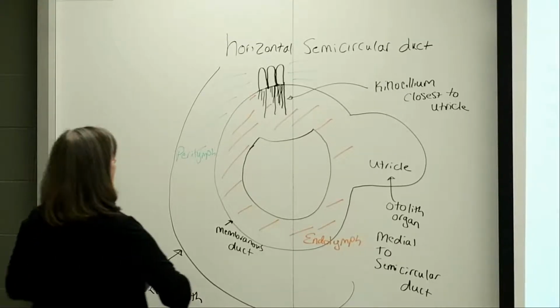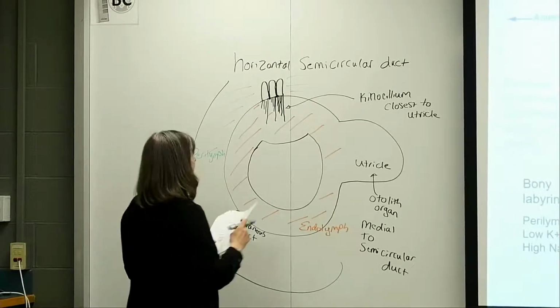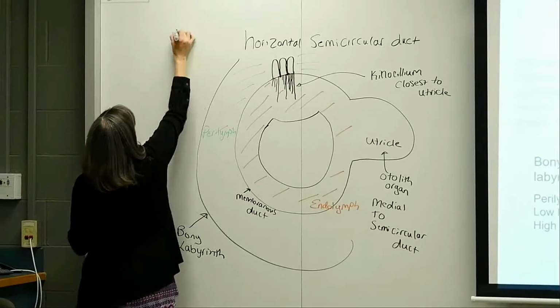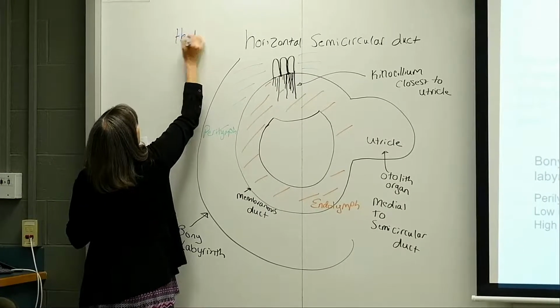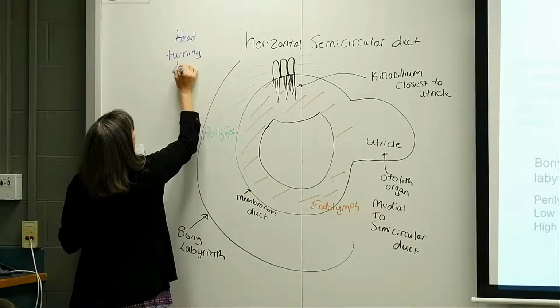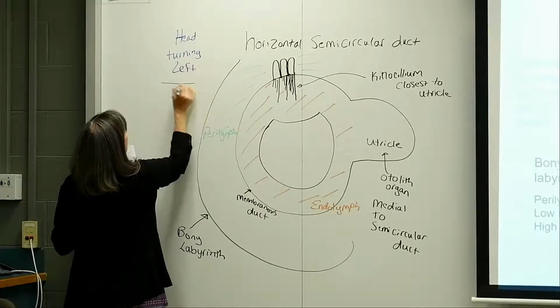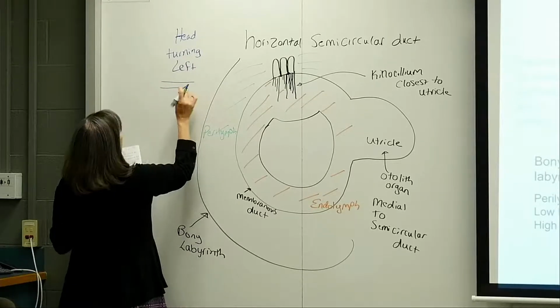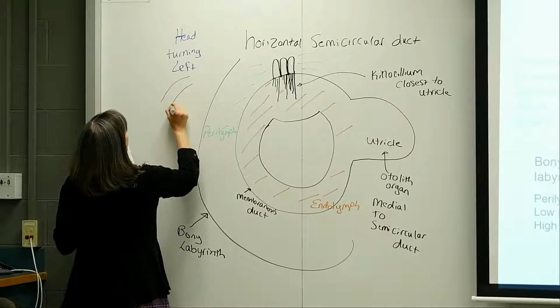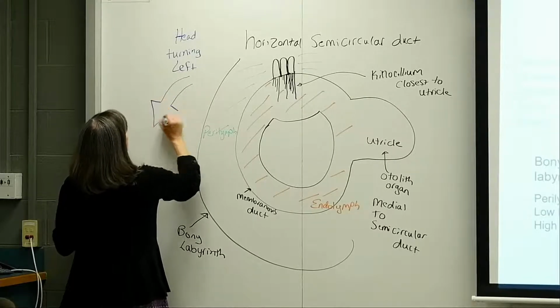So now what happens if we get a head rotation to the left? If we have our head turning left, it's an angular acceleration, so it's going to be more like this, but it's turning.